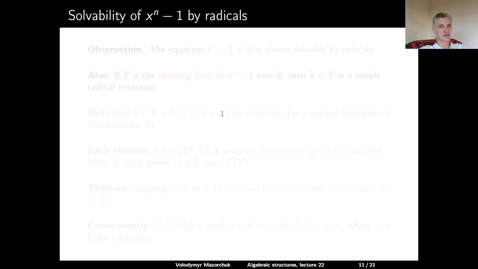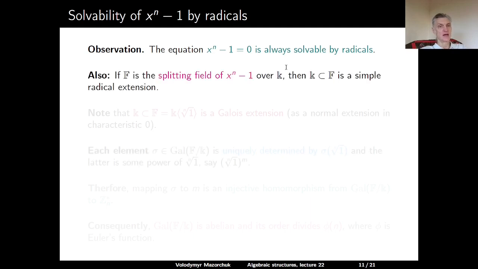Next, let us discuss the solvability of the equation x^n - 1 by radicals. So let us start with the observation that the equation x^n - 1 = 0 is always solvable by radicals. In fact, the splitting field of the polynomial x^n - 1 over k is a simple radical extension of the original field.